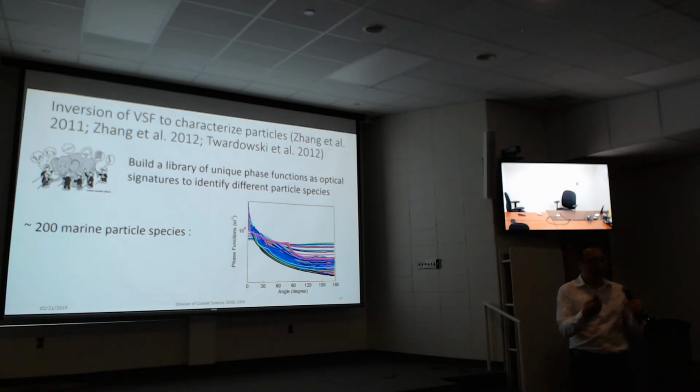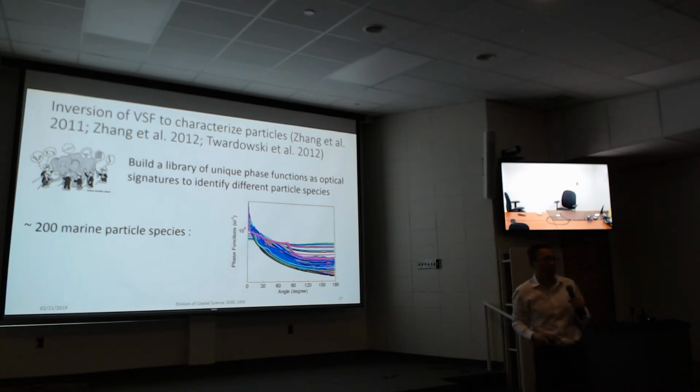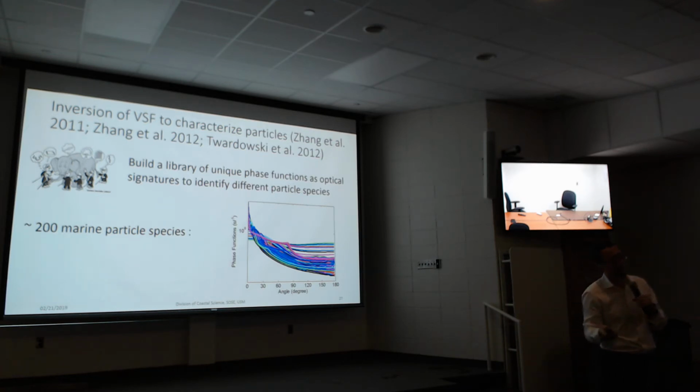You may ask, what is one particle population? Let's say one species of diatom. That's one particle population. They are quite unique, they have their own size. So this one diatom species might be represented by one of those curves here. And we built about 200, from very small particles to relatively large particles.